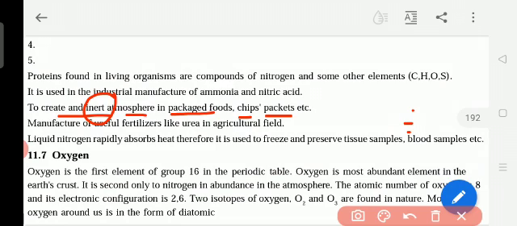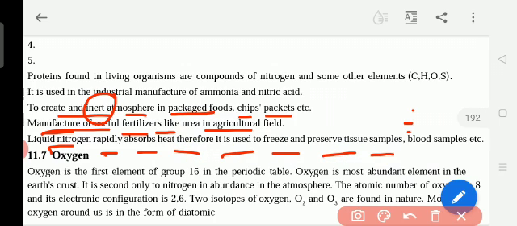Also the manufacture of useful fertilizers, manufacture means preparing, to prepare urea in the agricultural field. Liquid nitrogen rapidly absorbs heat, therefore it is used to freeze and preserve tissue samples, blood samples, etc. Cells make up tissues, and tissues together make the organs.